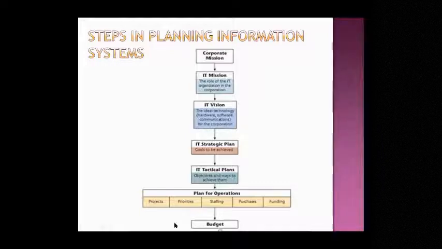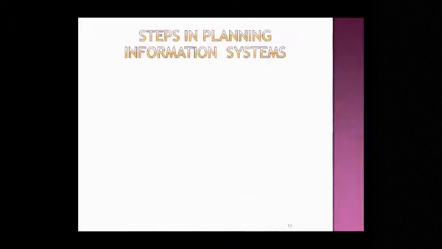The IT tactical plans, they are the objectives and ways to achieve them. So we have here the plans of operations: the projects, priorities, staffing, purchasing, funding, and then the last one is the budget. So that is the steps in planning the IS.